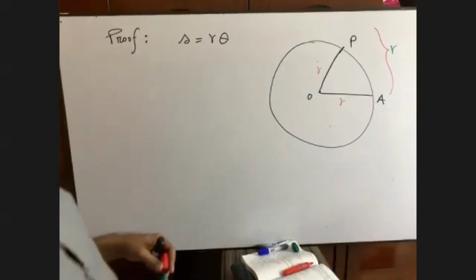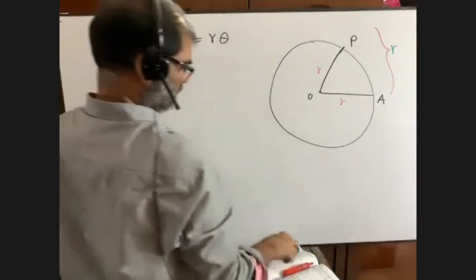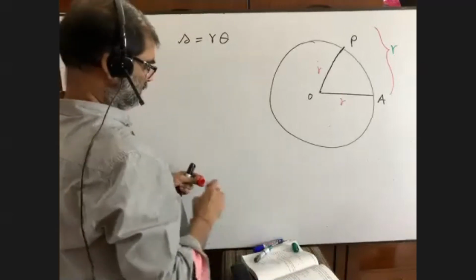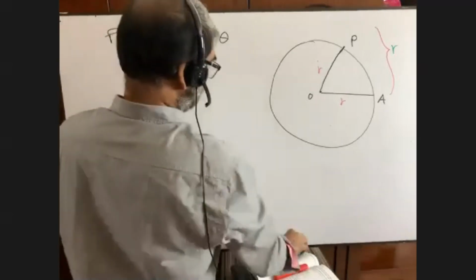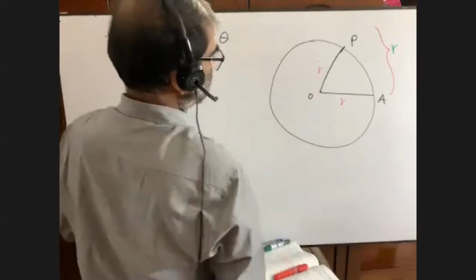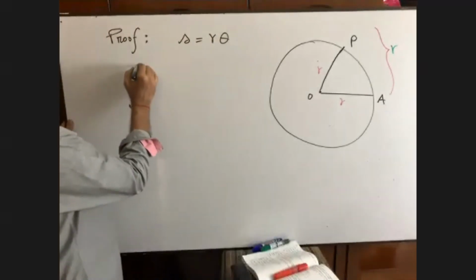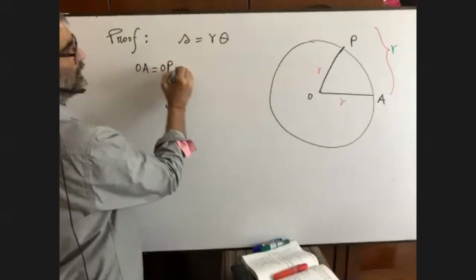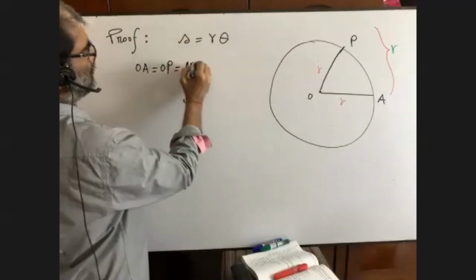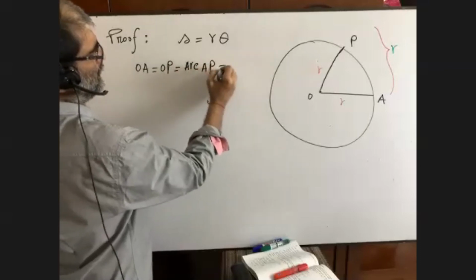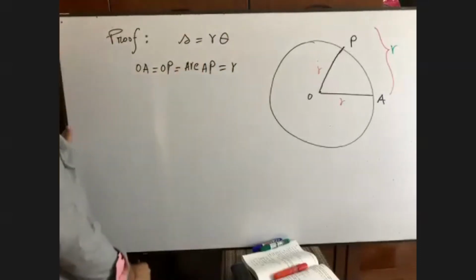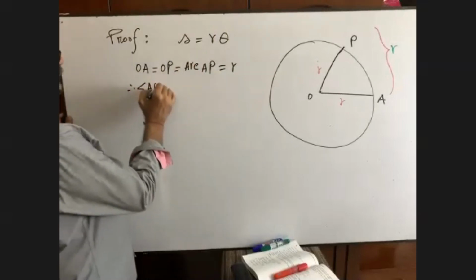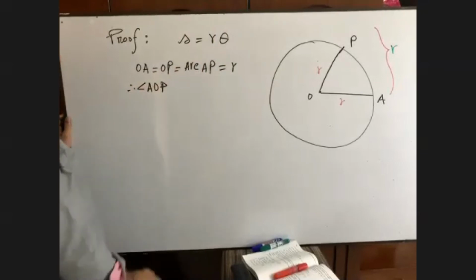This is the question. Here in this question, we are getting the proof: OA equals OP equals arc AP equals R. Therefore, angle AOP equals what? Talk to me.